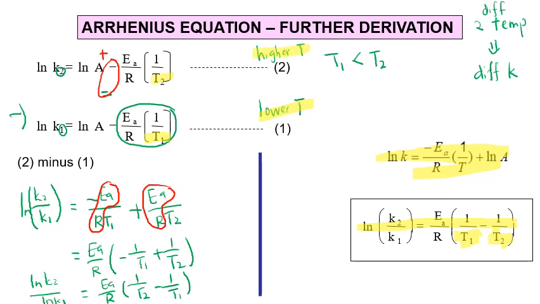Then keep in mind that here is ln K2 over K1, but then here is T1 minus T2. So do remember, memorize these two formulas.